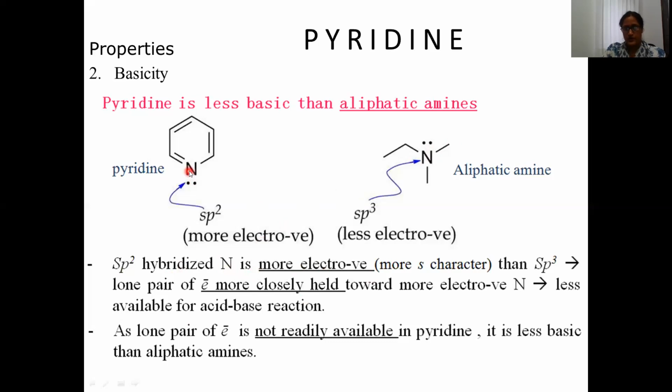Okay, so if we compare this nitrogen and this nitrogen, the pyridine nitrogen is sp2 hybridized, and the aliphatic amine nitrogen is sp3 hybridized in nature. So this nitrogen is more electronegative and this one is less electronegative. So the reason is this: the sp2 hybridized nitrogen is more electronegative than the sp3 hybridized nitrogen.